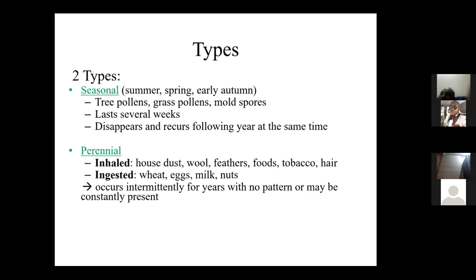Of course, also animals, people who keep pets, even some foods, even tobacco, people who work or live around where people smoke, and also hair. We also have people who eat wheat, eggs, milk. All this can trigger allergic rhinitis in people who have allergic conditions.